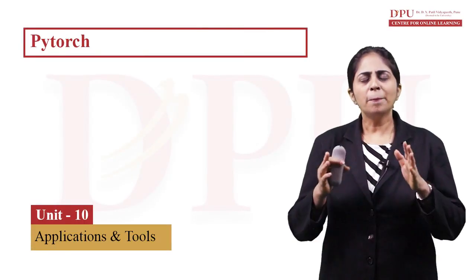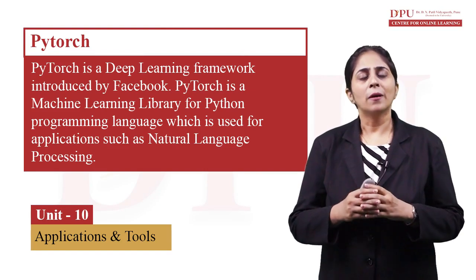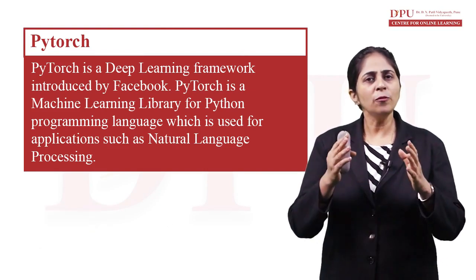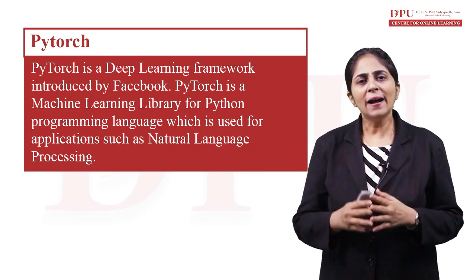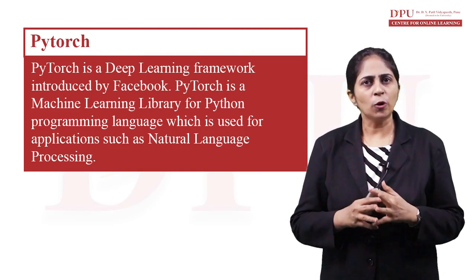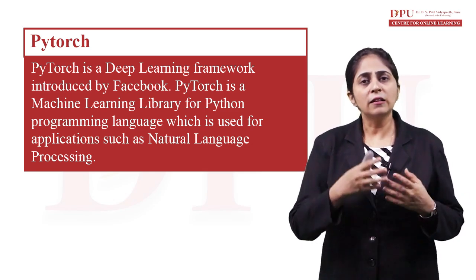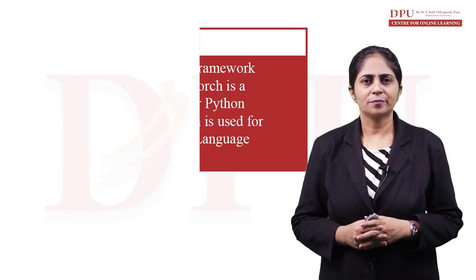PyTorch is again a deep learning framework, and it was introduced by Facebook. PyTorch is a machine learning library for the Python programming language, which is used for applications like natural language processing.